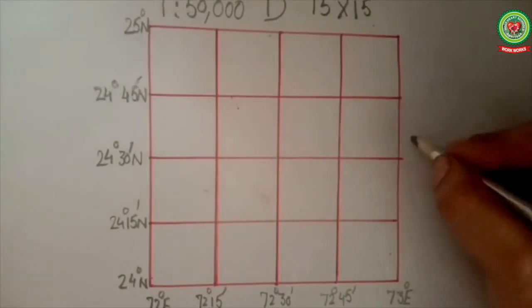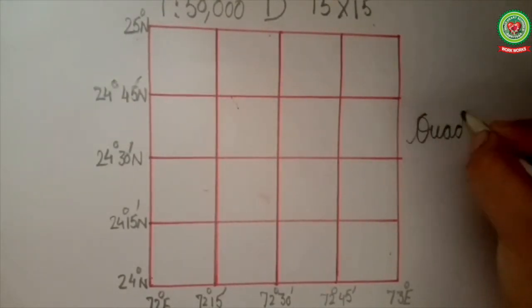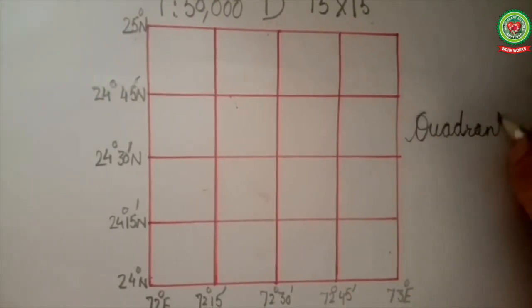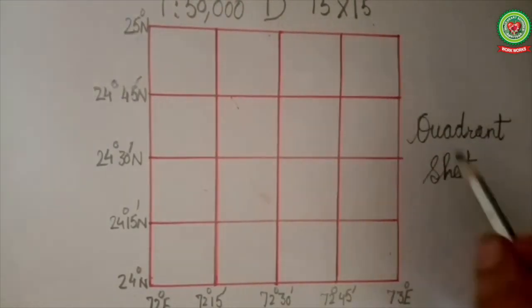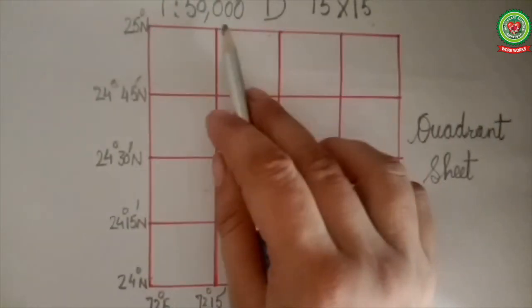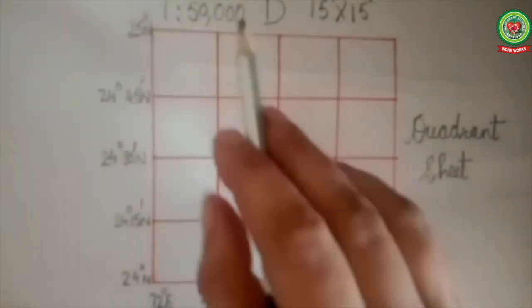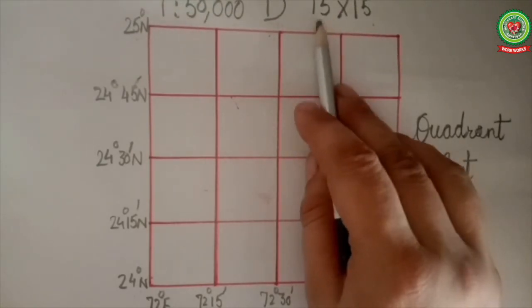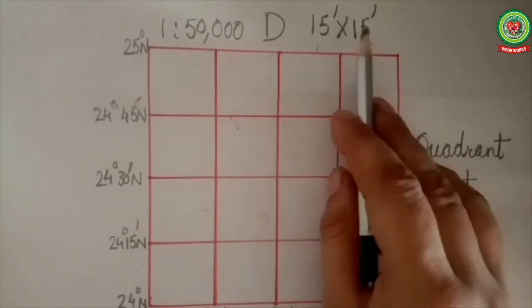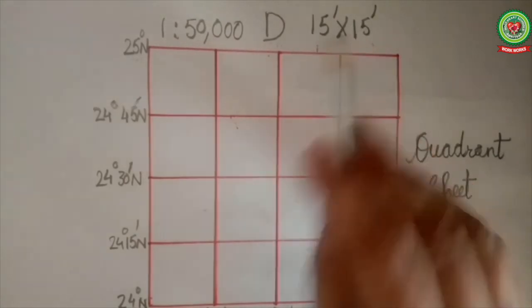It is known as a quadrant sheet, which is drawn to the scale of 1:50,000, representing the division of the district of Rajasthan further into 15 by 15 minutes scale.